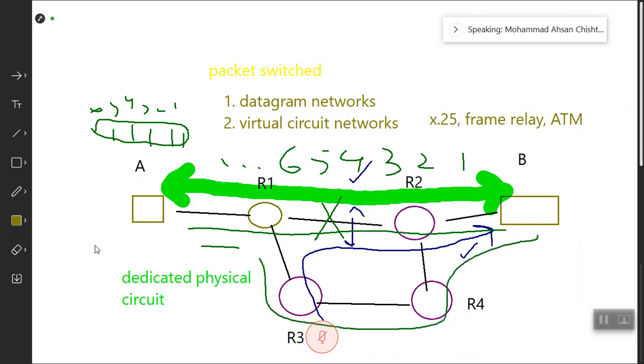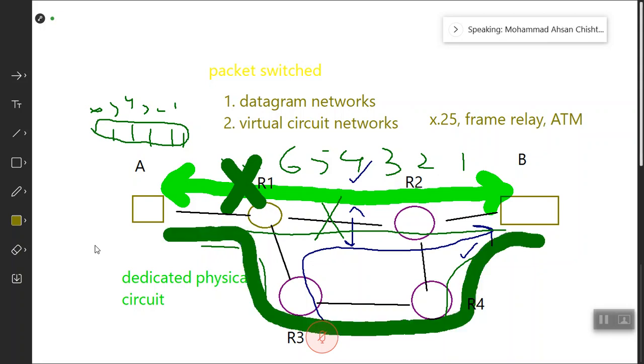Why? First, A and B have to renegotiate. They would have to create a new path. This would be gone. They would have a new virtual circuit like this. And then they would start transmission. This is known as resilience of a network. So resilience to the loss of a trunk, what I mean to say a link, is more difficult.